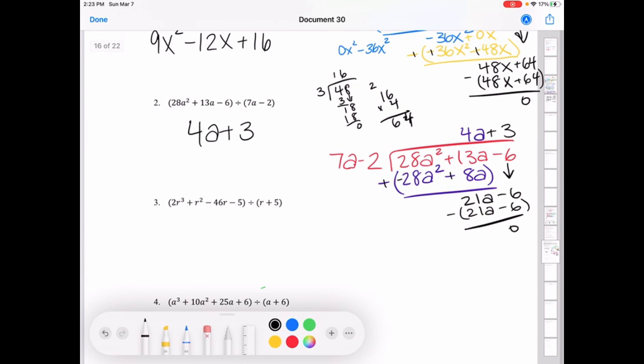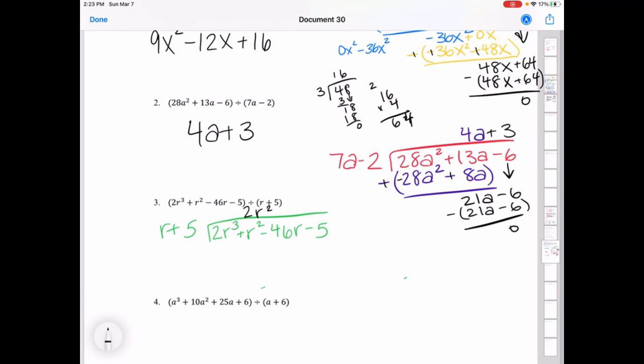Last example, 2r to the second times r is going to give me that 2r to the third. 2r to the second times 5 is going to give me 10r to the second. Remember, you're subtracting. So this becomes plus a negative. These cancel. R squared minus 10r squared is negative 9r squared.